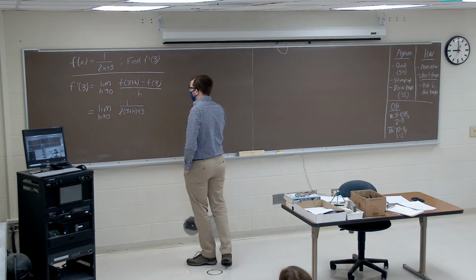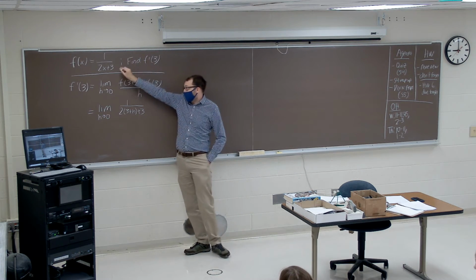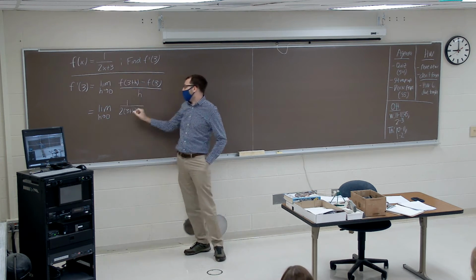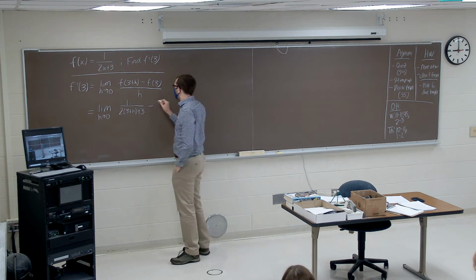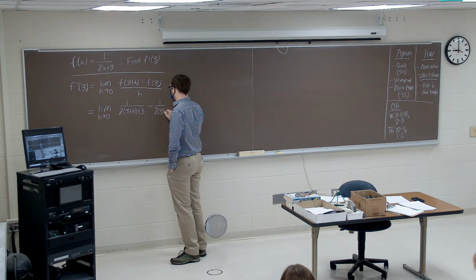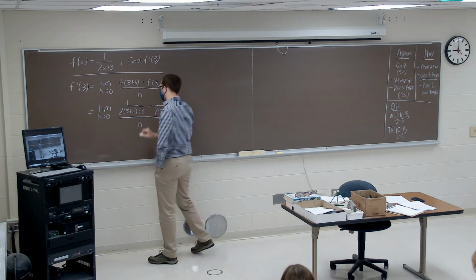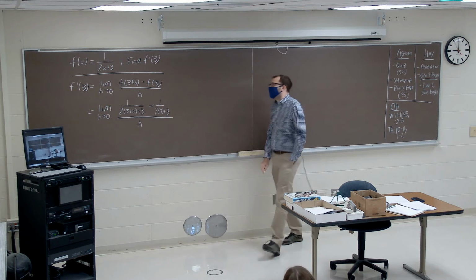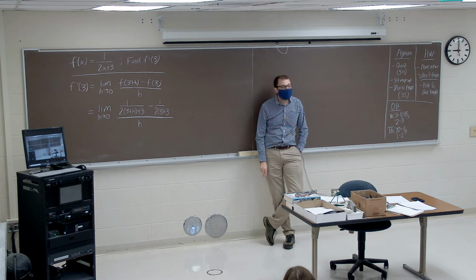In other words, the expression we get from taking our f of x and replacing this x here with a 3 plus h. And similarly, f of 3 is going to be 1 over 2 times 3 plus 3. All divided by h. Compound fractions, everybody's favorite.